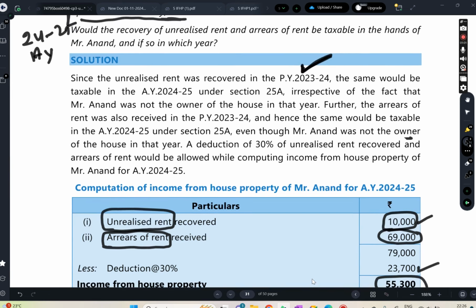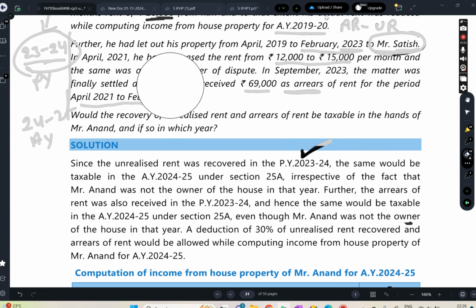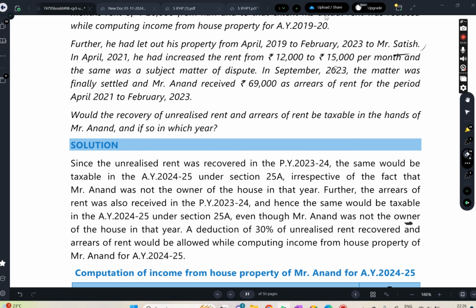Like see, Satish is there from February 2023, right? So in the previous year only he did not pay, so that is called arrears of rent.